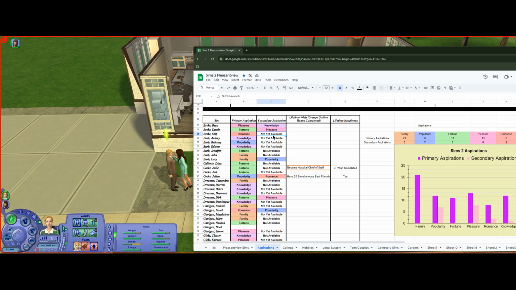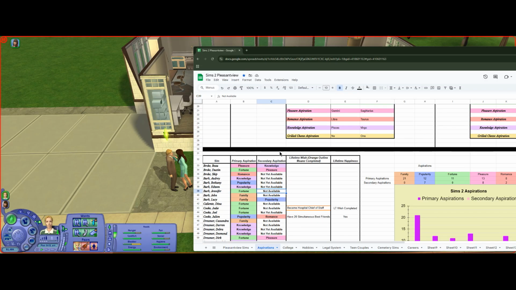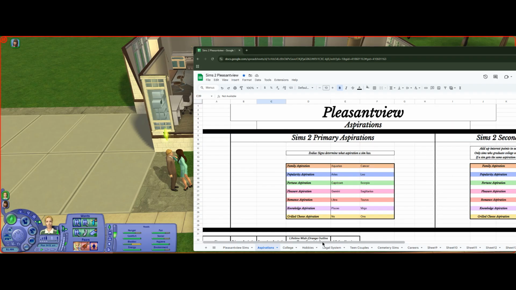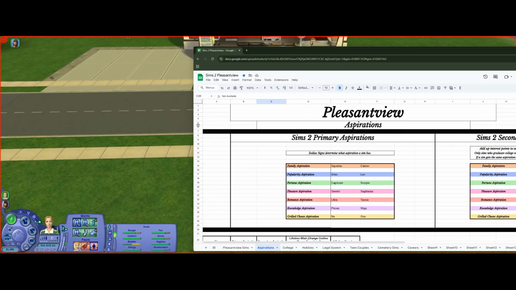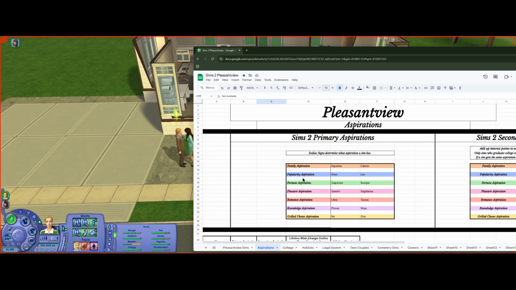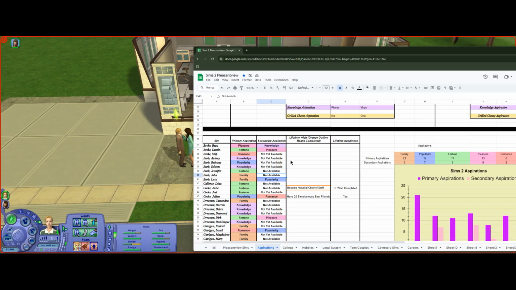So that's what that means when it says not yet available. When it says not available, that means they started off in Pleasantview as an adult without going to college. So the only way they could get a secondary aspiration is if they get that platinum lifetime memory in their memories. That's the only way they'll be able to get a secondary.